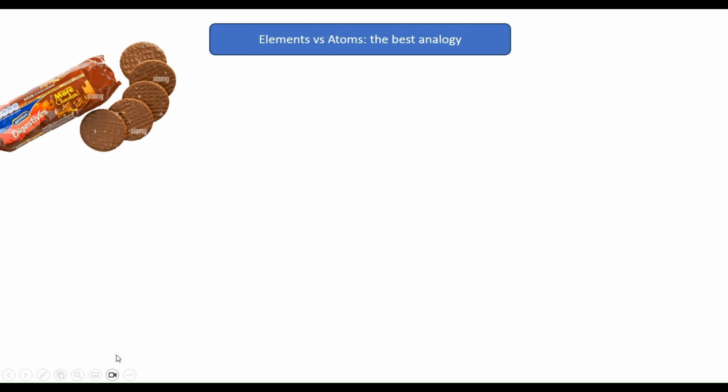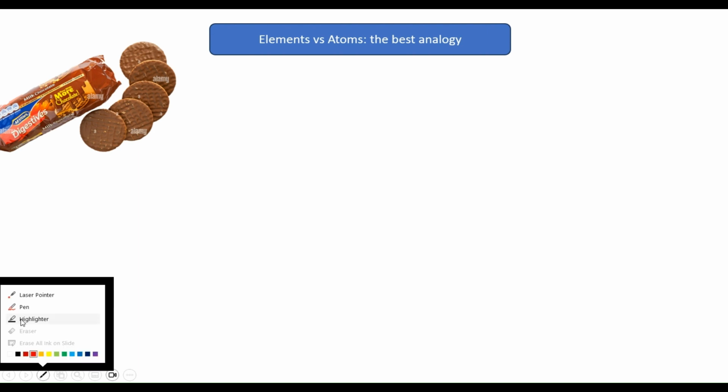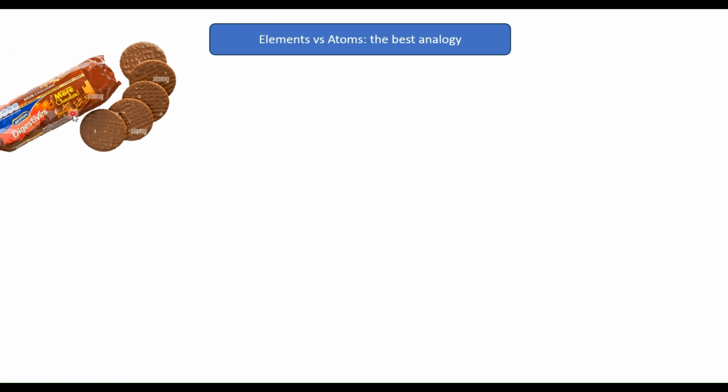So this is the biscuit, and obviously it contains the various biscuits. These are some of them that were brought out, right? So this is the biscuit inside the rubber.